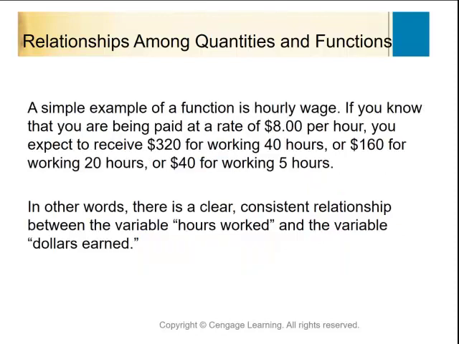And here's an example that's kind of near and dear to all of us. If we're working for an hourly wage, there is a functional relationship between the number of hours worked and how much money you get. So that is a definite function relationship.